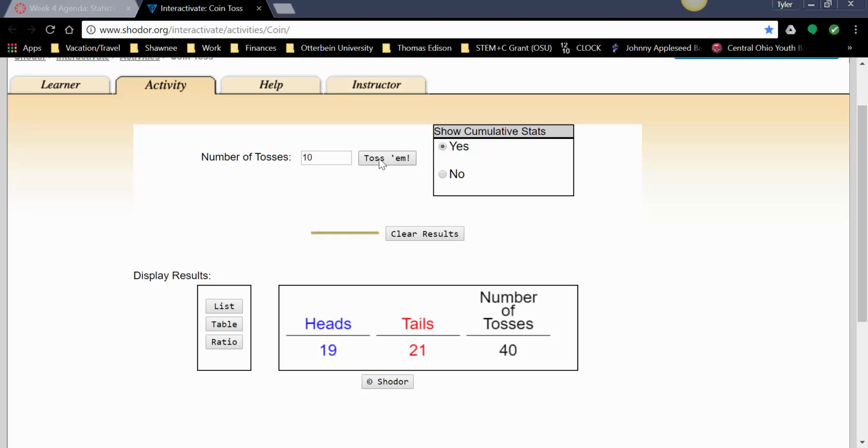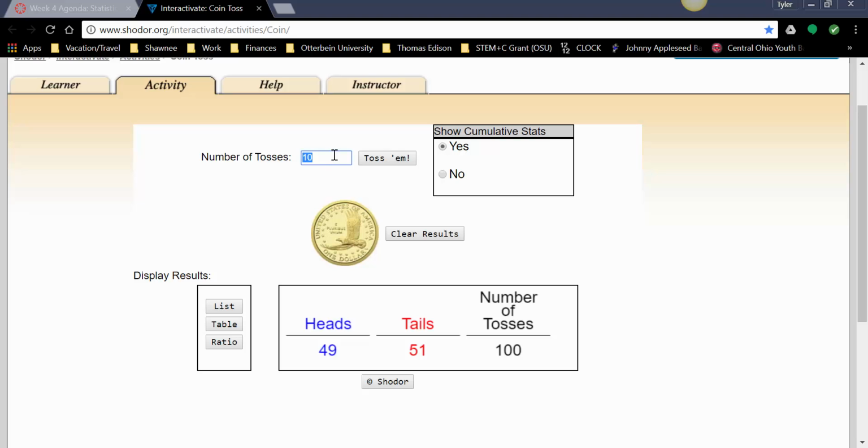Toss them again, 22 out of 50. We would expect 25 out of 50 here. If I keep doing this, eventually it's going to get very, very close to a half. You can see how the numbers keep flirting, being very close to half.